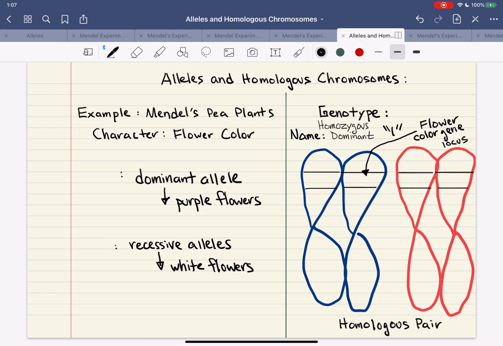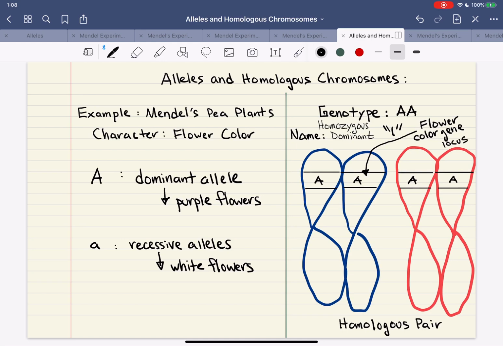Okay, so same thing. We're just going to say the uppercase A is purple, lowercase a is white. So we're saying this individual is homozygous dominant. So from one parent, big A. And from the mom, they're also big A. So that's big A, big A. That's what that means.